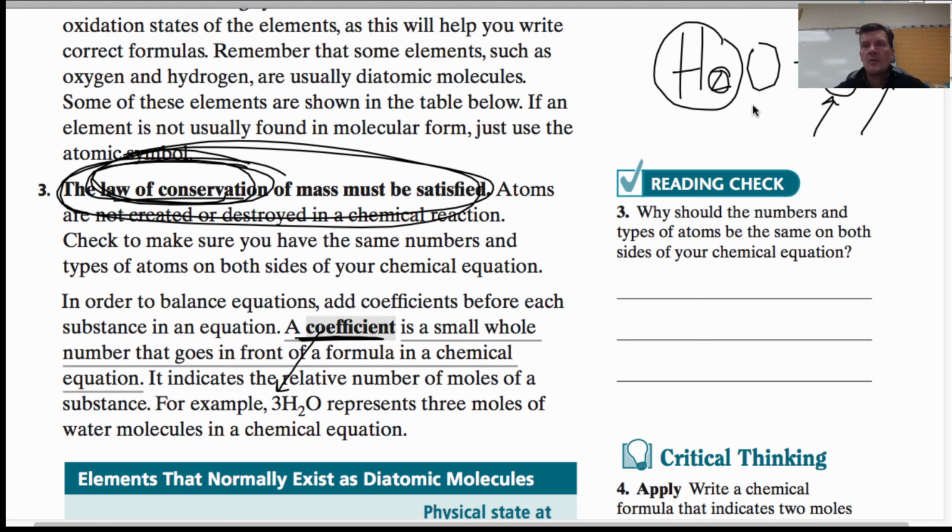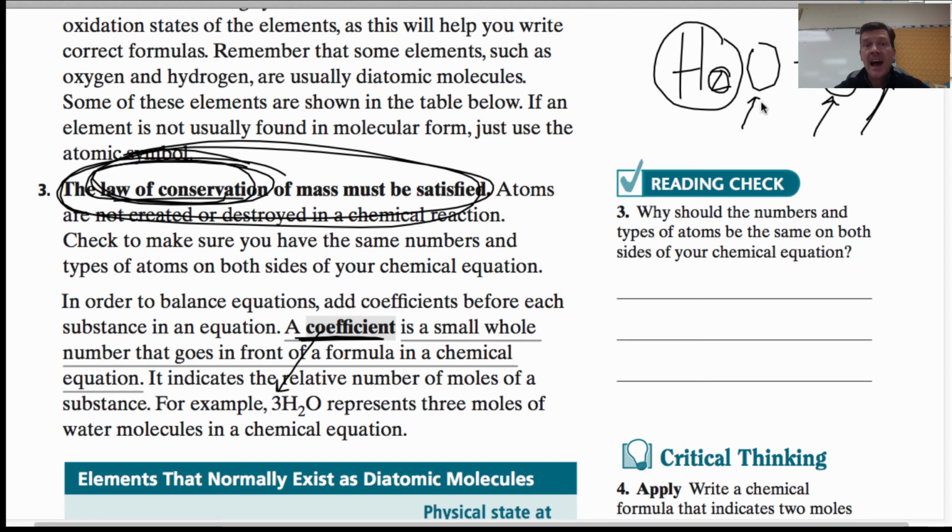Great. What about oxygen? In the water, there's only 1 atom of oxygen. But over here, there are 2 atoms of oxygen to make this oxygen gas diatomic. Well, somehow we have to correct this. We have to make it right so that oxygen just isn't magically appearing to make this O2.